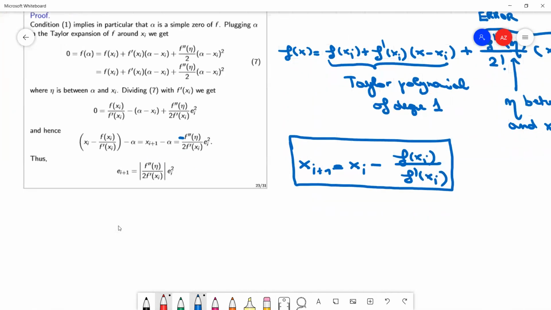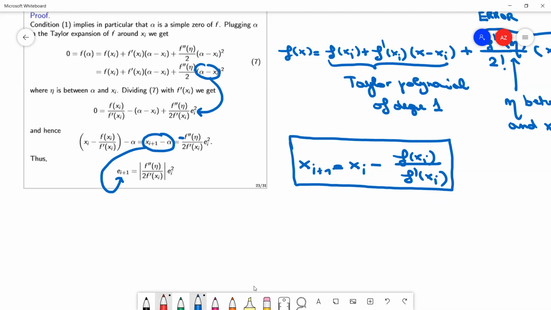And now let's say that this difference is the error of the i plus first iterate approximation. So this is E i plus 1. And this alpha minus xi was E i. So this is the difference between the true zero and the ith iterate.